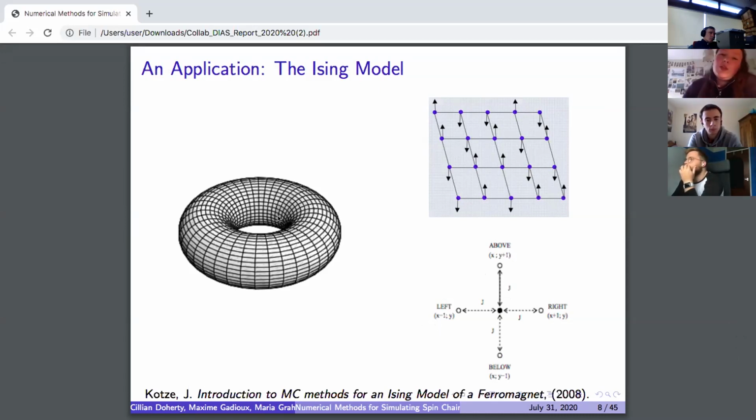And then the periodic boundary conditions are quite easily understood if you visualize a torus with the spins located on the surface. So then you can see that the spins on the rightmost edge of the lattice will interact with the spins on their geometric opposite on the left.